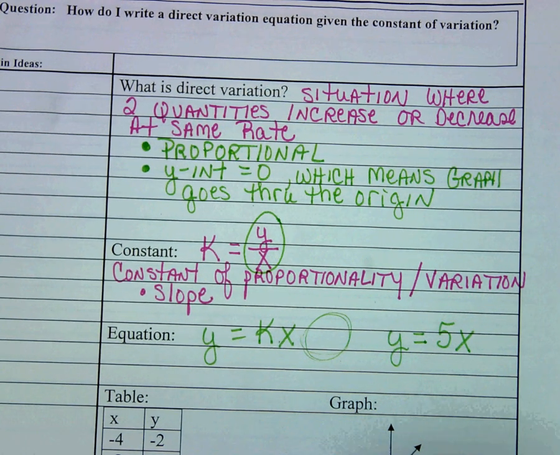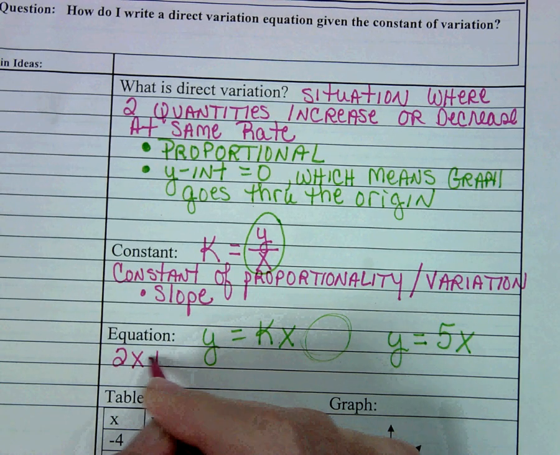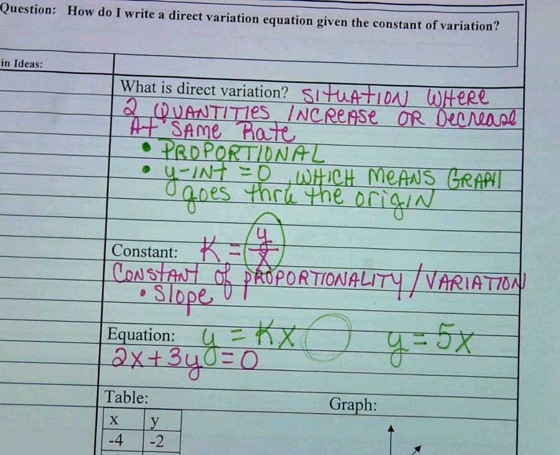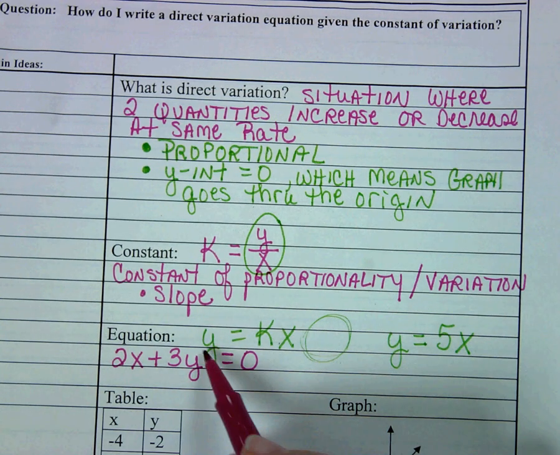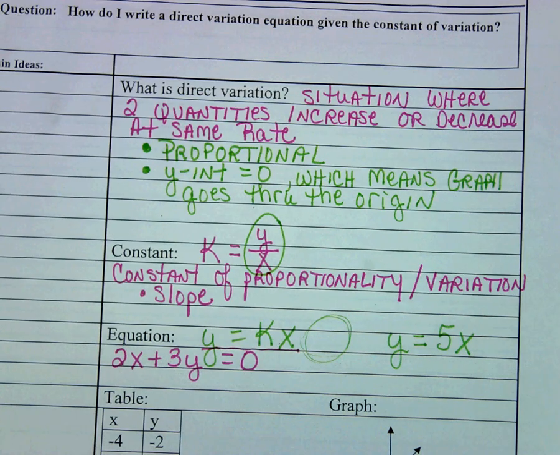We also could have an equation, let's say 2x plus 3y equals 0. Now, that doesn't even remotely look like the form that I just gave you. Right now, this equation is in standard form.